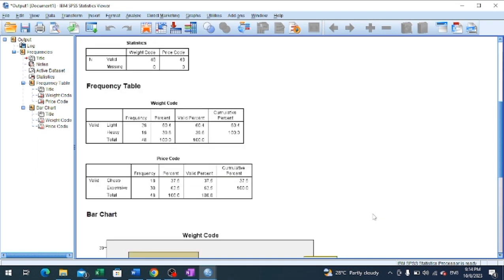It is because of the fact that the two borderlines we have taken to transform these two variables to qualitative variables may not be appropriate. The borderline values that we have considered may not be appropriate. That's why we can see complete misalignment if we compare the categories we define for weight and the categories we define for price code.